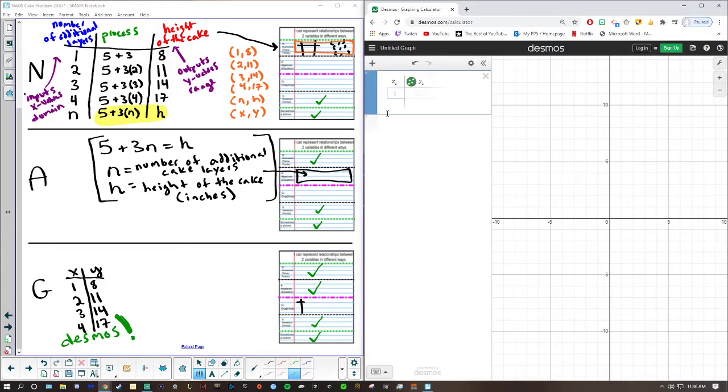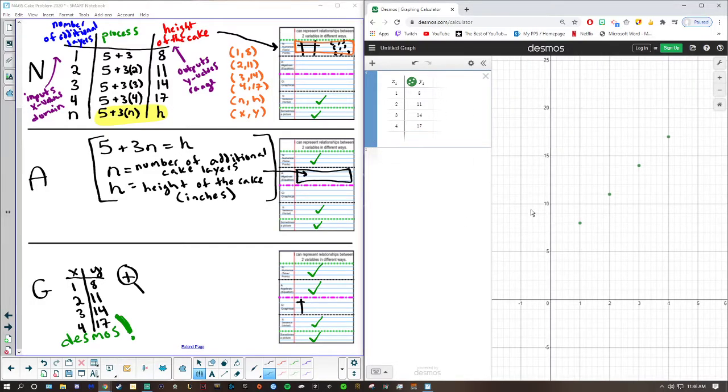So I'm going to add a table, and I'm going to type it in. 1, 8, 2, 11, 3, 14, and 4, 17. After you put that in, make sure you click on your magnifying glass. Our magnifying glass is what's going to help us draw a pretty picture of this. So I'm going to click on my magnifying glass, and what it does is it gives us a nice graph that we can just copy right down into our notes.